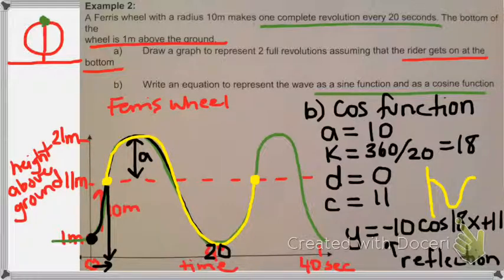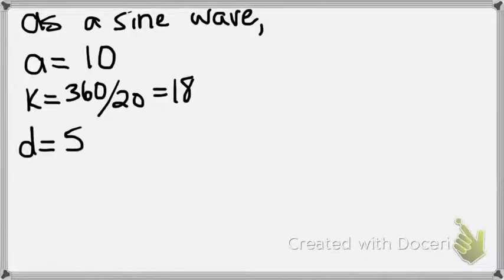If it takes 20 seconds to complete one cycle, I know that my halfway point is here. That's 10 seconds. If I moved halfway between 0 and 10, I moved 5 units to the right if I'm looking at my sine wave. So we have to show that. D is 5. My C value is the axis, which is 11.